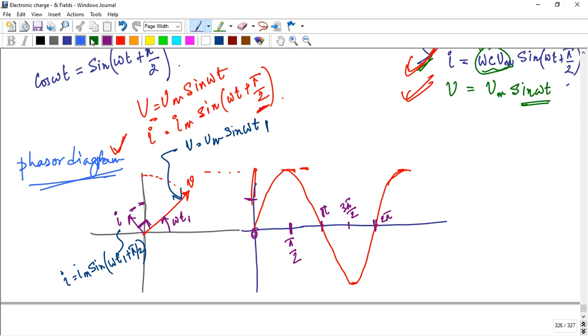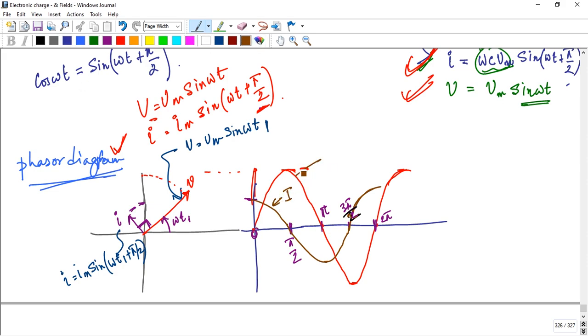So the current looks like this. That's the current, that's I.